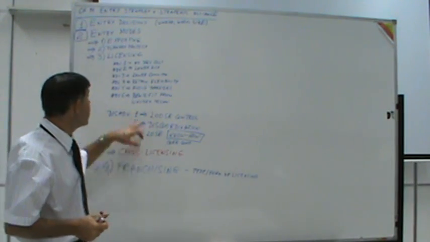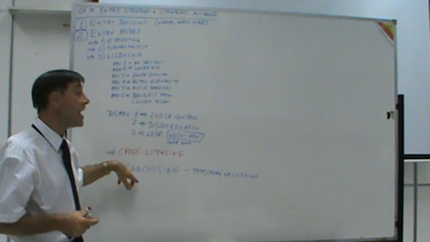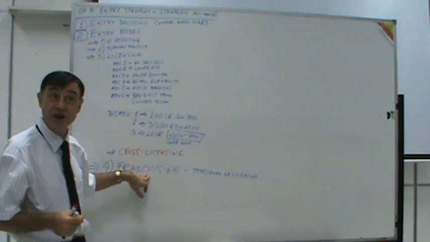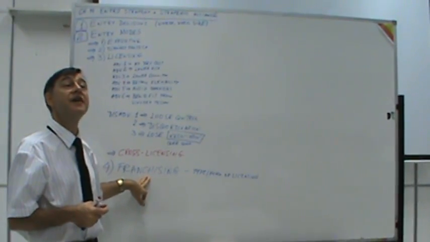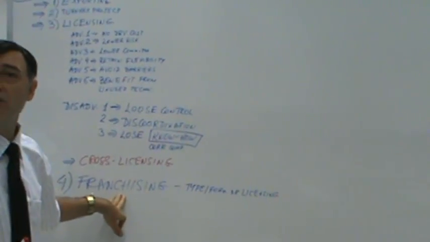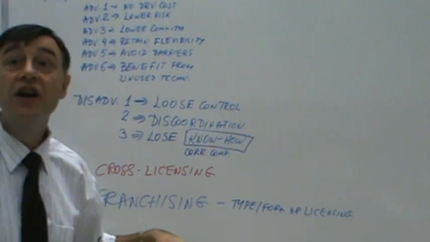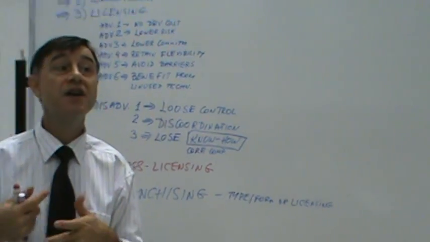So here, you don't simply sell the technology to the licensee. We've got a franchisor and a franchisee, but you also have strict rules with which the franchisee must comply.